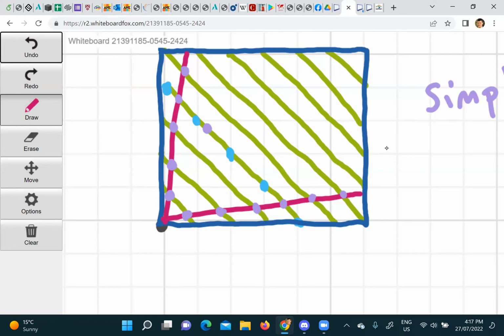So for example, this could cut 1, 2, 3, 4, 5, 6, 7, 8, 9, possibly 10 green lines, right?